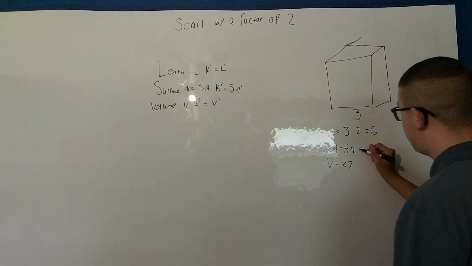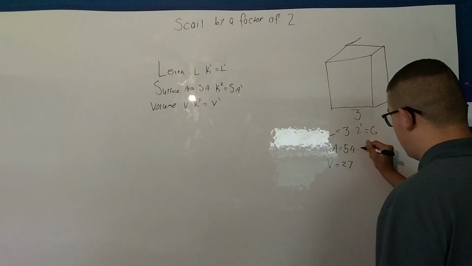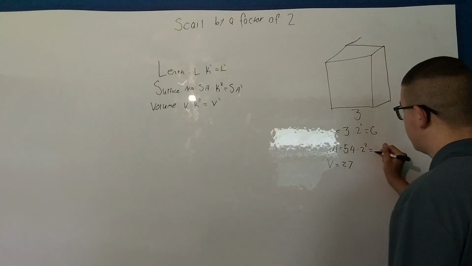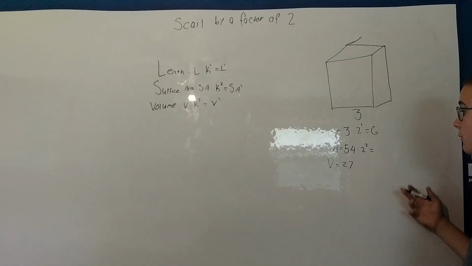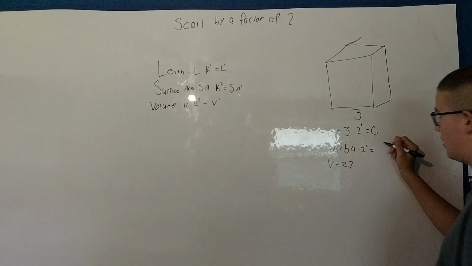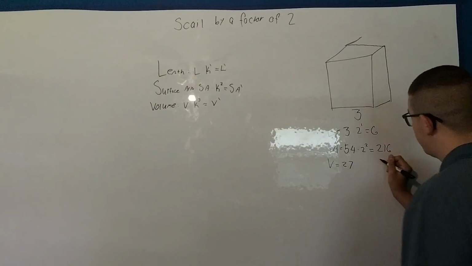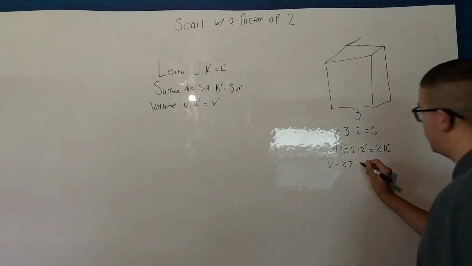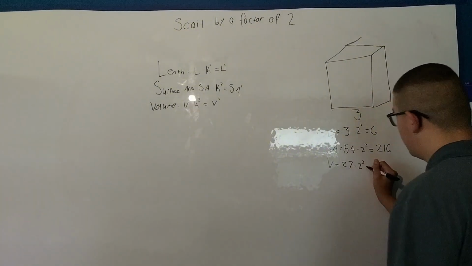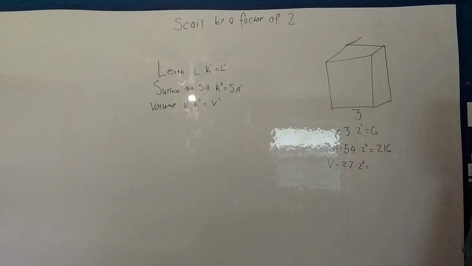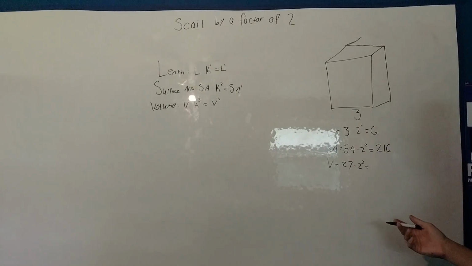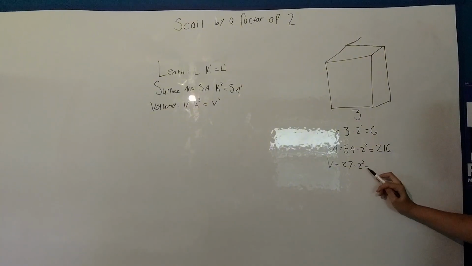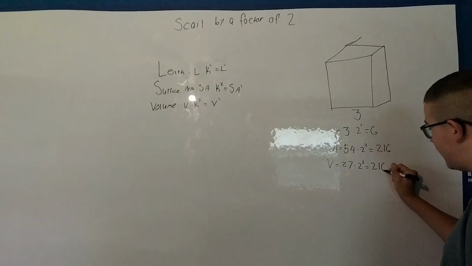Our surface area would be times 2 squared, times 4. 54 times 4 is 216. And then here we would do 27 times 2 cubed. 2 cubed is 28. 28, what? 8, I apologize, I don't know what I was thinking. 2 cubed is 8, so 8 times 27 is also 216.